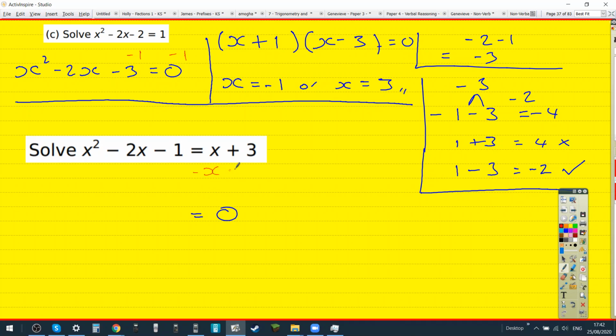You would subtract x and subtract 3. Oh, okay. And to keep it equal, you'd have to do that to both sides. And so you now have equal 0 on the right side. What would you now have on the left side after doing minus x minus 3? Minus x minus 3.